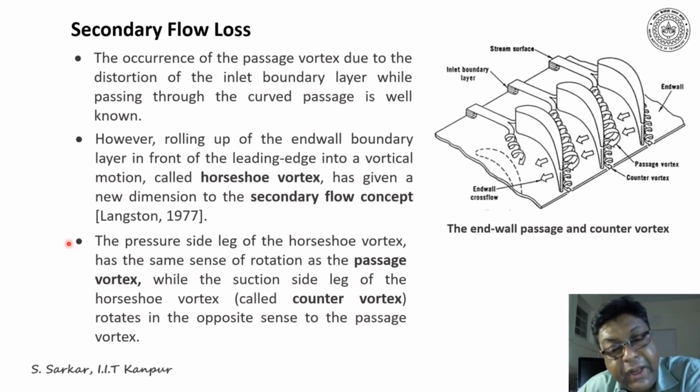The pressure side leg of the horseshoe vortex has the same sense of rotation as the passage vortex, while the suction side leg of the horseshoe vortex, called the counter vortex, rotates in the opposite sense to the passage vortex.